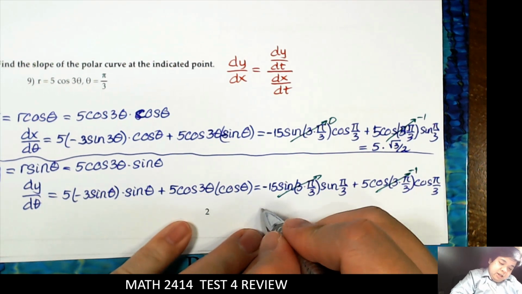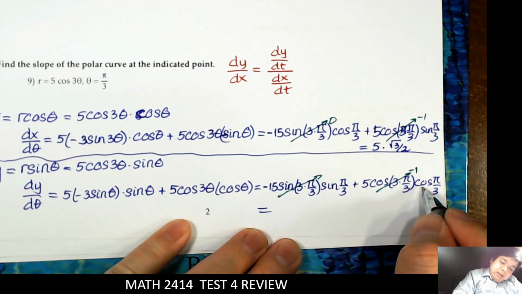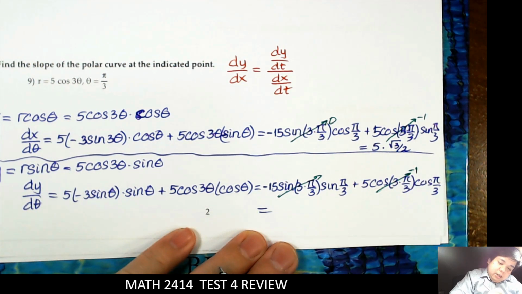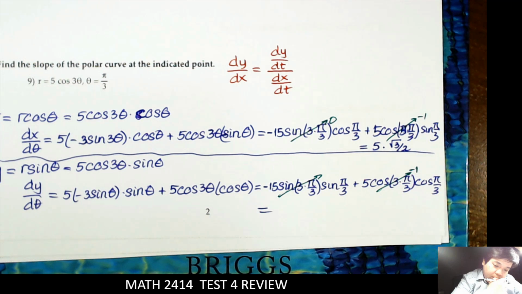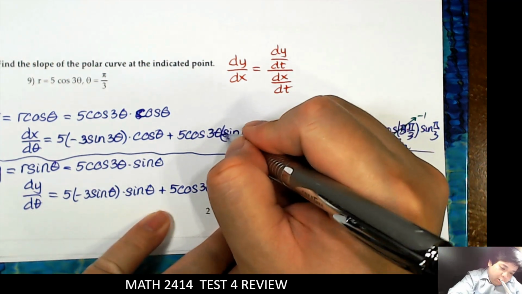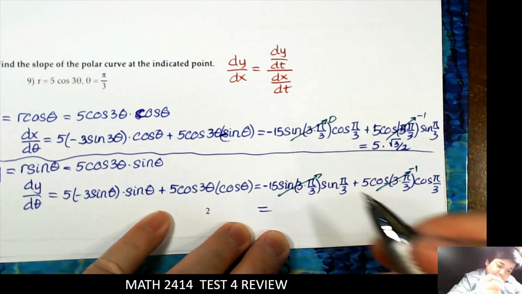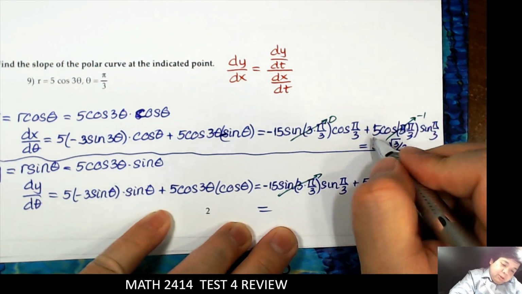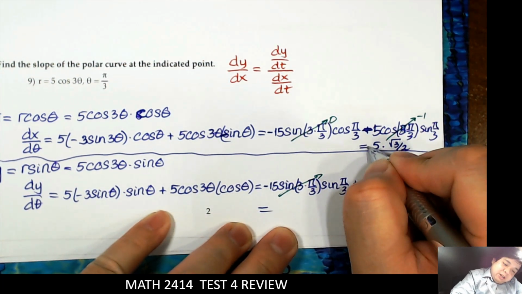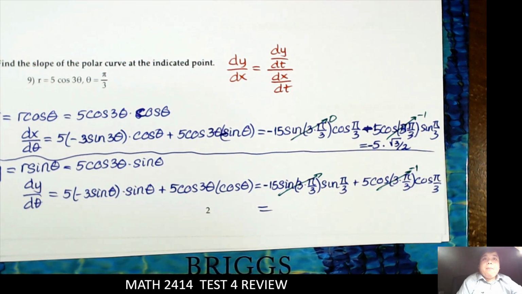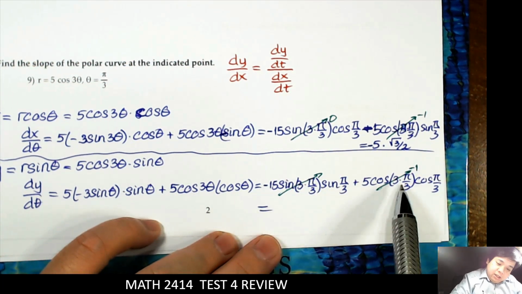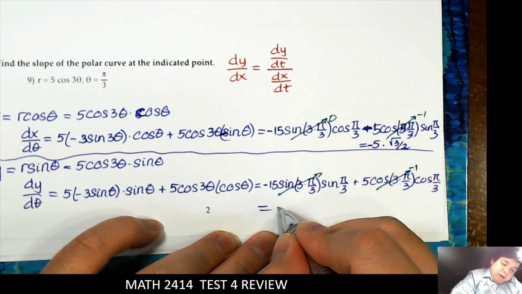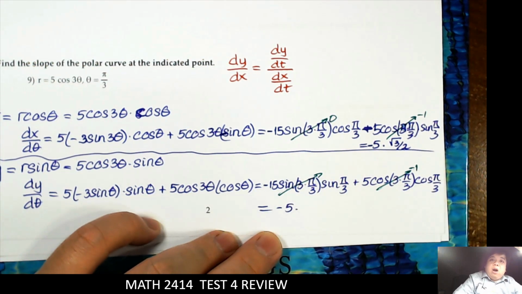Did I forget the negative sign here? Yeah, sorry, I forgot that. So this will be minus, and this will be minus. So that is 0, this is negative 1, so it will be negative 5. Cosine of pi over 3 is 1/2.